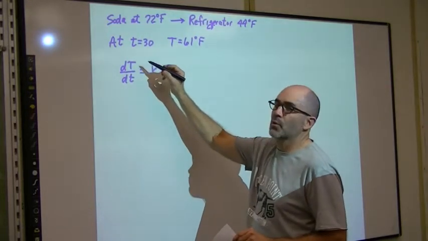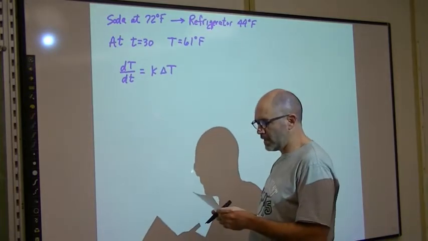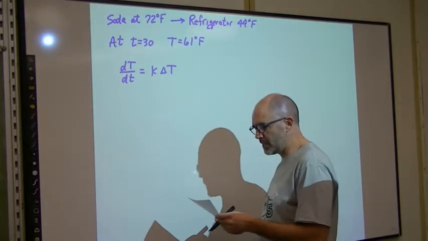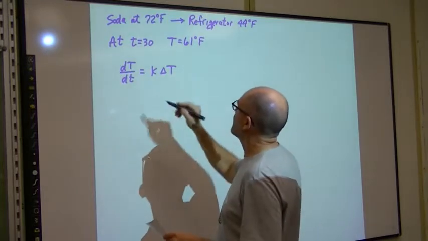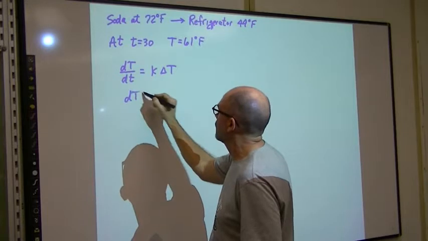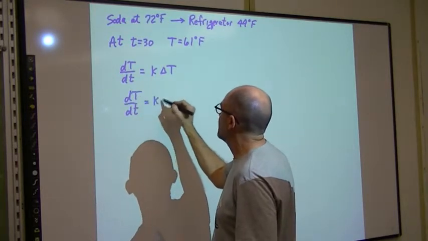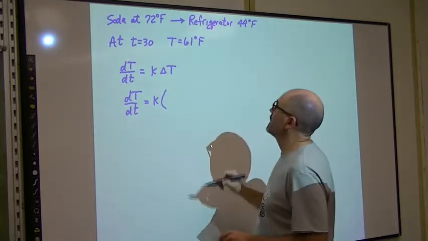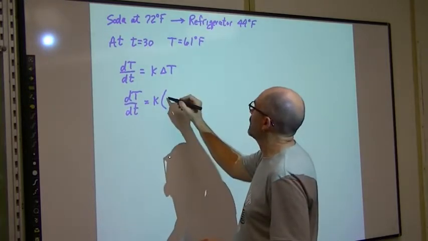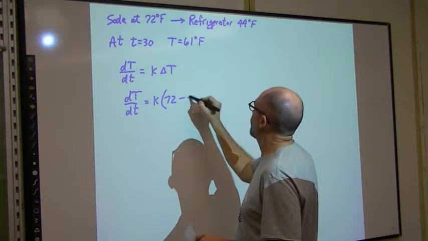Now, it's really important. Temperature is capital T, time is small t. So delta T is going to equal the difference in temperature between the 72 degrees and the refrigerator temperature of 44 degrees.